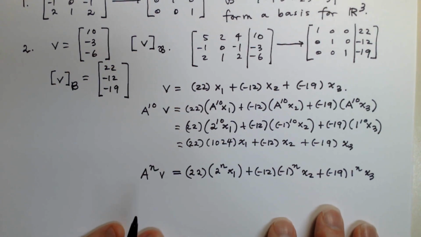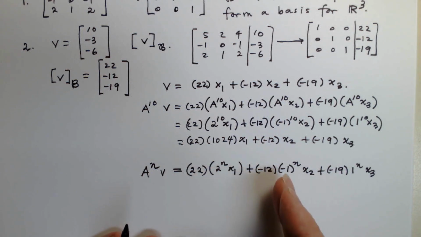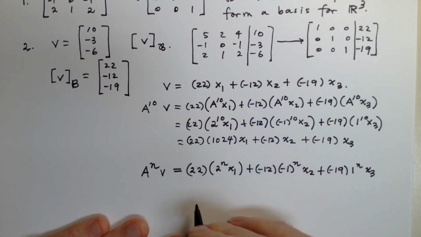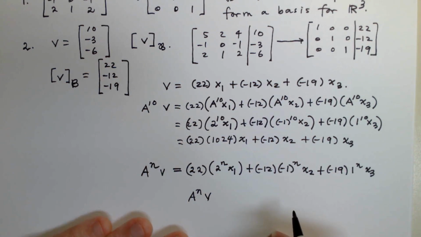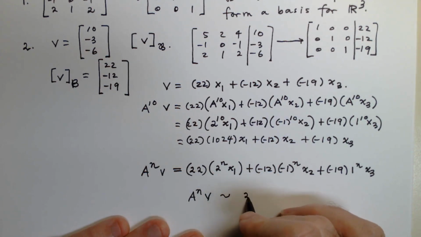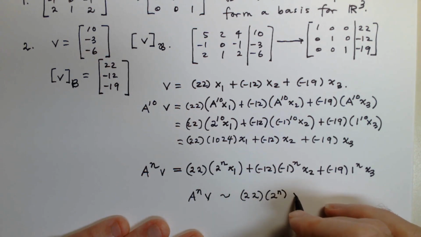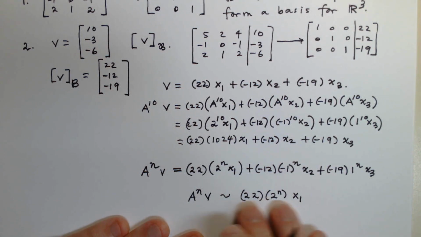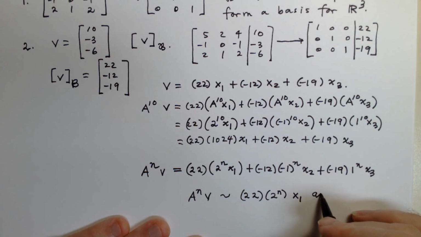And so what we can see is that for this particular problem, because this matrix has eigenvalues 2, negative 1, and 1, as n gets arbitrarily large, A to the n times v is going to be asymptotically very similar to just 22 times 2 to the power of n times x1. This is going to be dominating the behavior of A to the n times v as n goes to infinity.